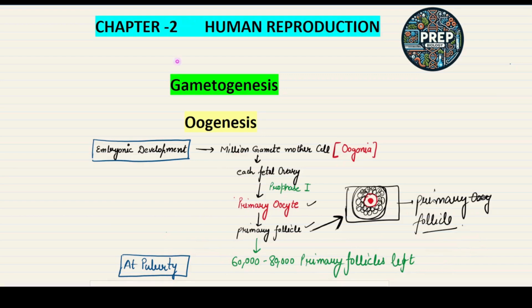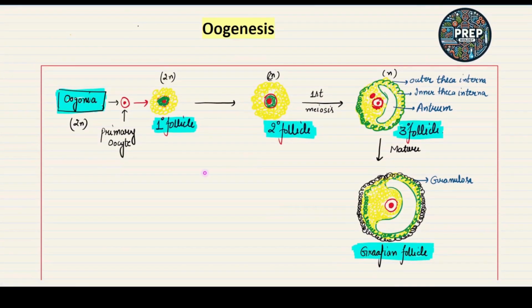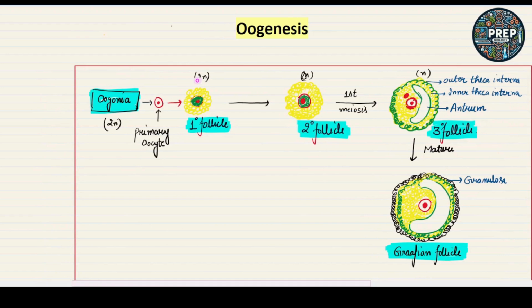Now, if we see the oogenesis process, we know that there is an oogonia which is diploid in number, and it will turn into the primary oocyte. Now the primary oocyte will develop a granulosa layer around it, and it will form the primary follicle, which is also diploid in number.